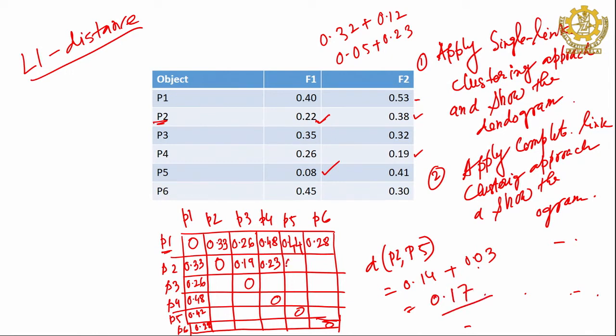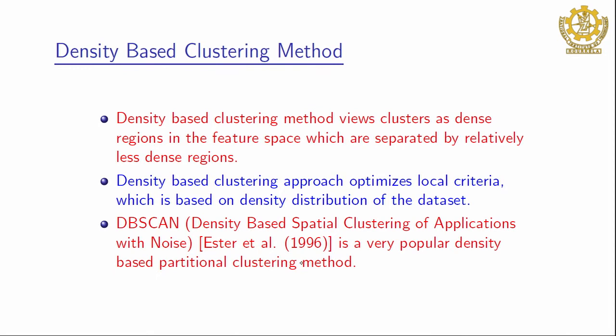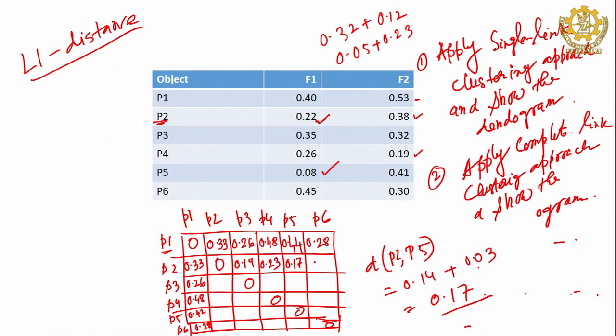So this is 0.17. Then P2 P6 is 0.05 plus P2 is 8, so 0.13. So this will be 0.19, 0.23.